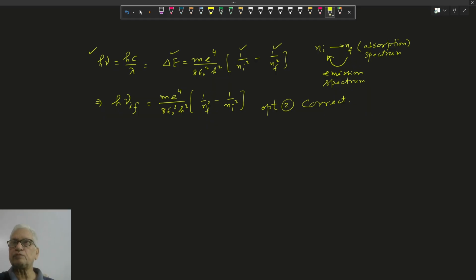For the absorption spectrum, h nu, initial to final, can be written as m e to the power 4 upon 8 epsilon naught square h square times 1 upon n f square minus 1 upon n i square. So option 2 is correct.